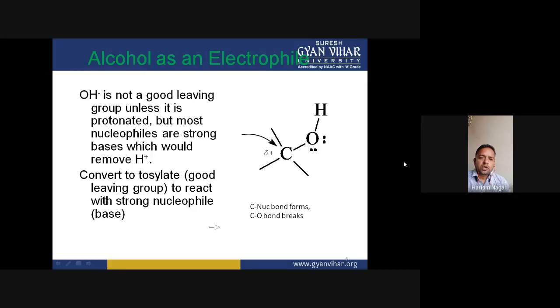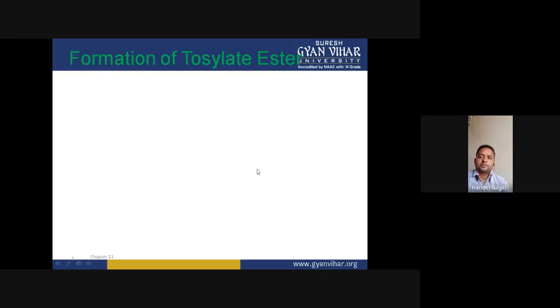So a compound which gives the OH minus ion is called a base. In this reaction where alcohol acts as an electrophile, the alcohol is also acting as a base.